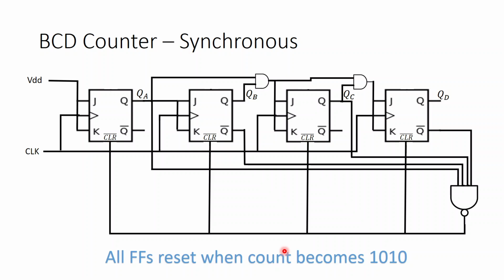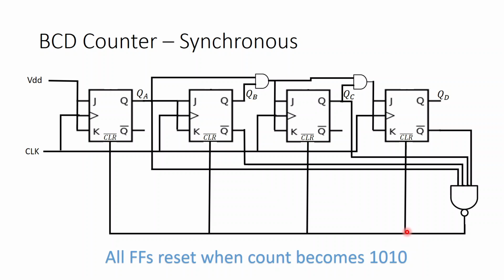How to do that? In this particular circuit that we have drawn, we are utilizing the preset and clear signals basically. So here I am showing the clear signals. Whenever the output is 1010, before that, at no other situation, this NAND gate will give you a 0 signal out.